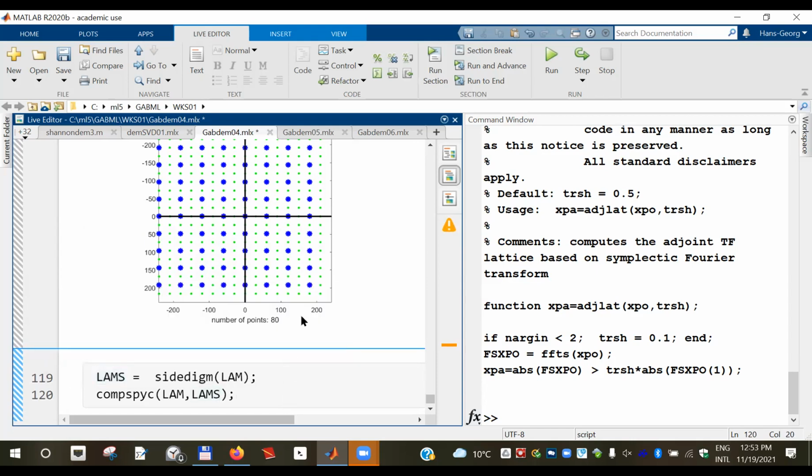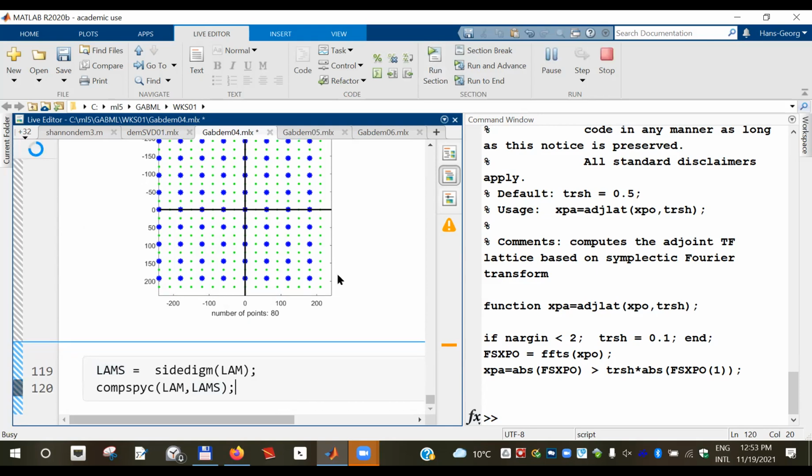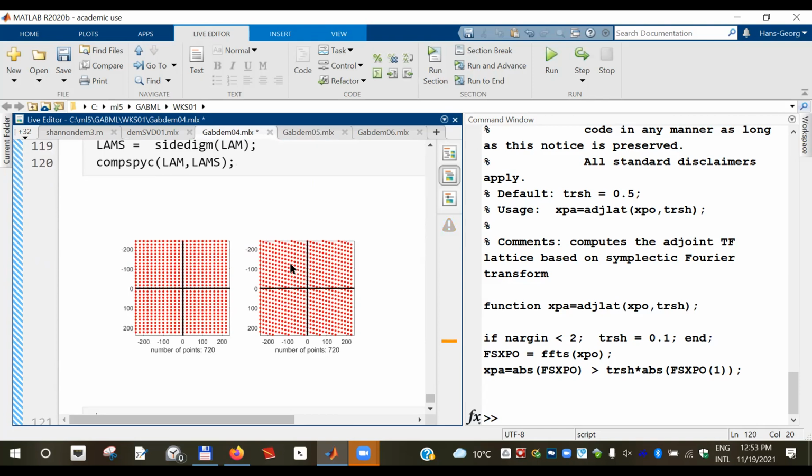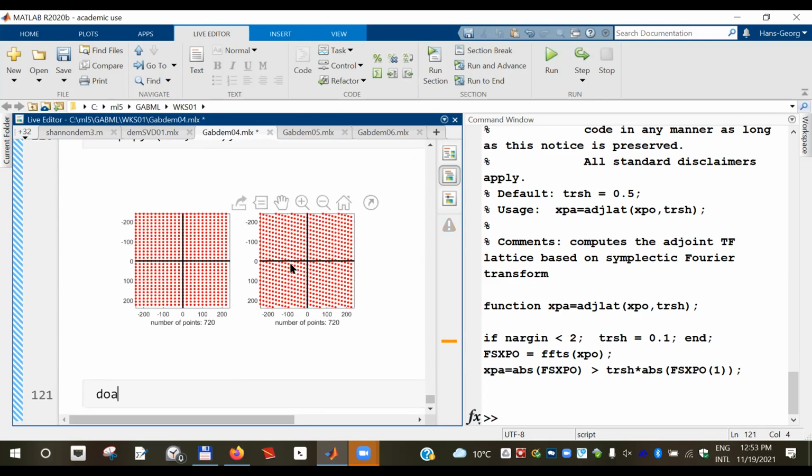And so I can show you how they compare. Now, the point is, side digmat turns out to be an automorphism of the group. So it's not just reshuffling elements, but it's an automorphism of the group. So if I start with a subgroup, I get a subgroup.